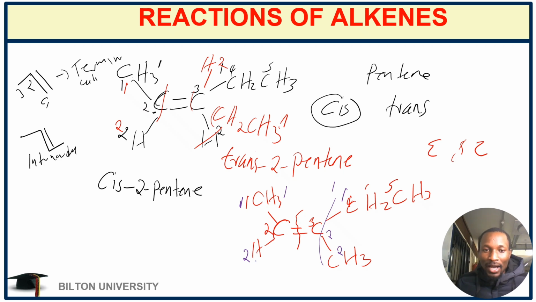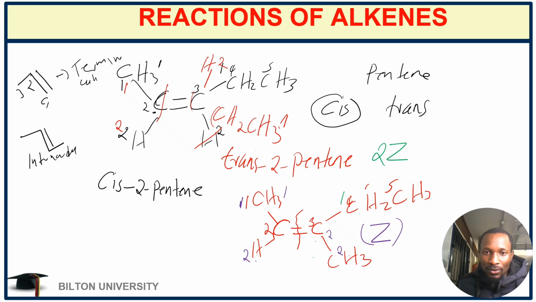So in this case we are finding that the higher priorities are on the same side, and this is going to give us what we call Z. When they are on the same side, we can use Z, and in this case we're going to say 2Z, and our methyl group is on carbon number 3, so 3-methyl-2-pentene.